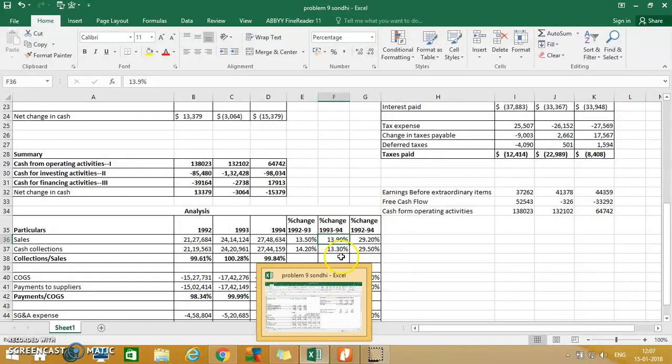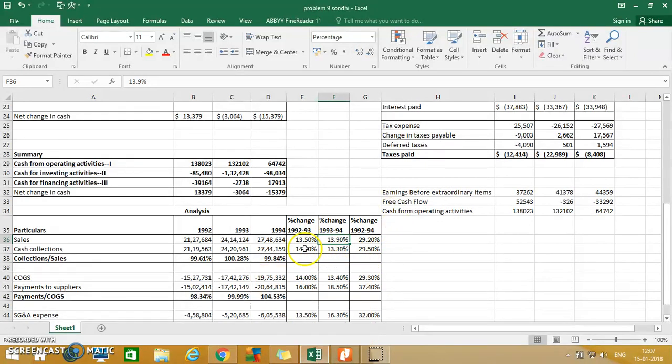That is grown. It's not a great change, but then it's grown. Same in the case of sales, the change of sales has grown at 14% for 92-93, and it has grown at 13.3. Well, I do find that the percentage change in 92-94 has grown to anywhere from 29%. That's a great change.